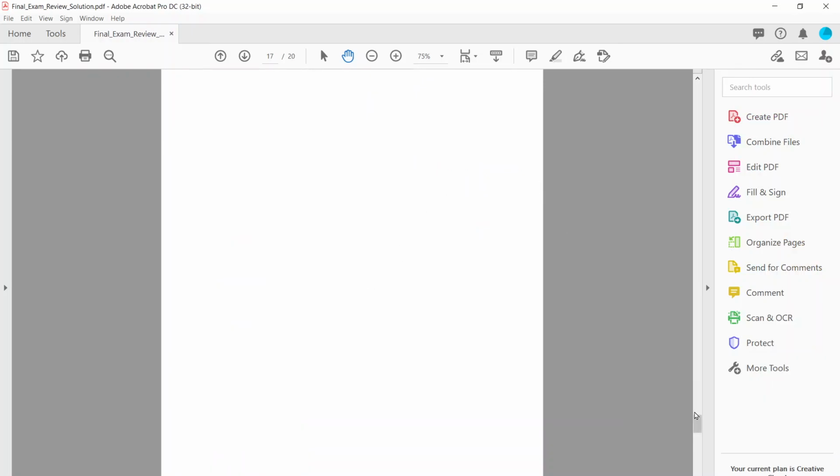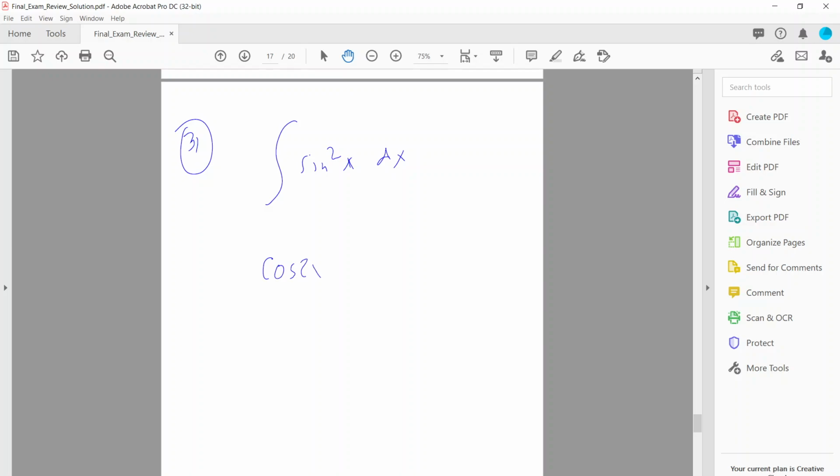For finding the integration of sine square of x, you have to create the relation between this and, for example, you know cosine of 2x is 1 minus 2 times sine square of x. From here we can find sine square of x is 1 minus cosine 2x over 2.